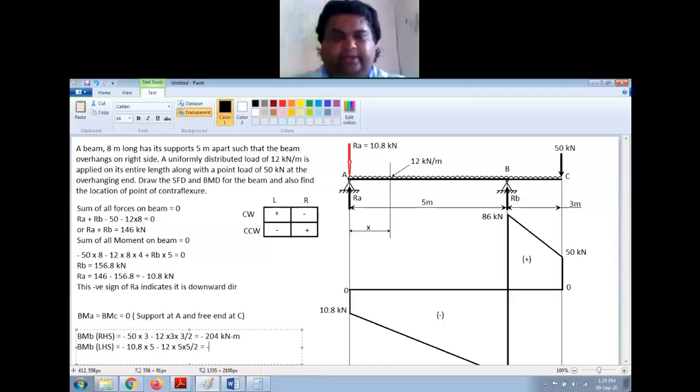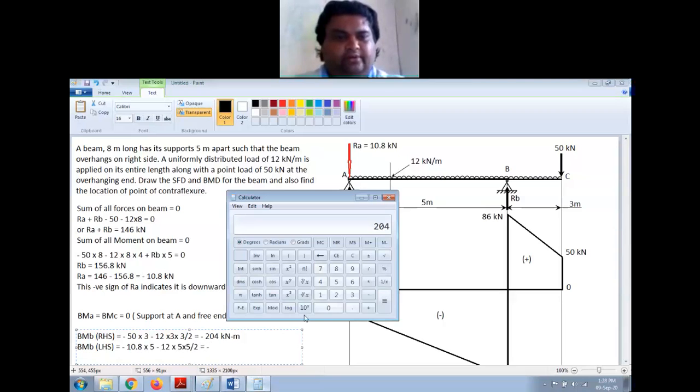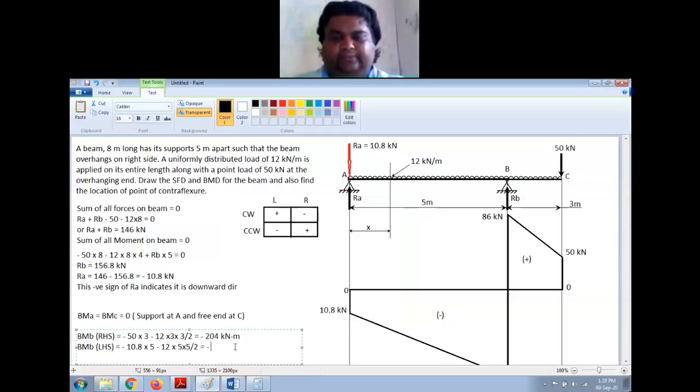So this will be again negative: 10.8 into 5 minus 12 into 25 by 2, minus 96 kilonewton meter, right? So that means the bending moment is changing at the support B, right?